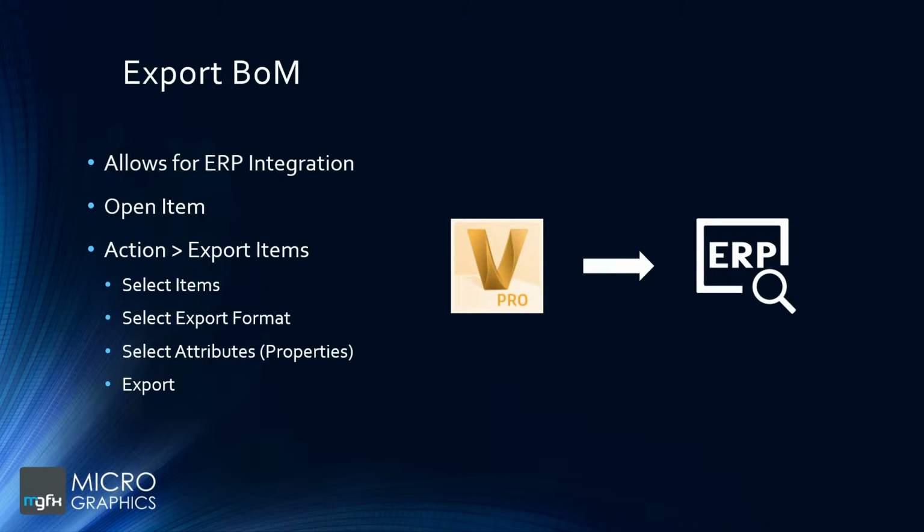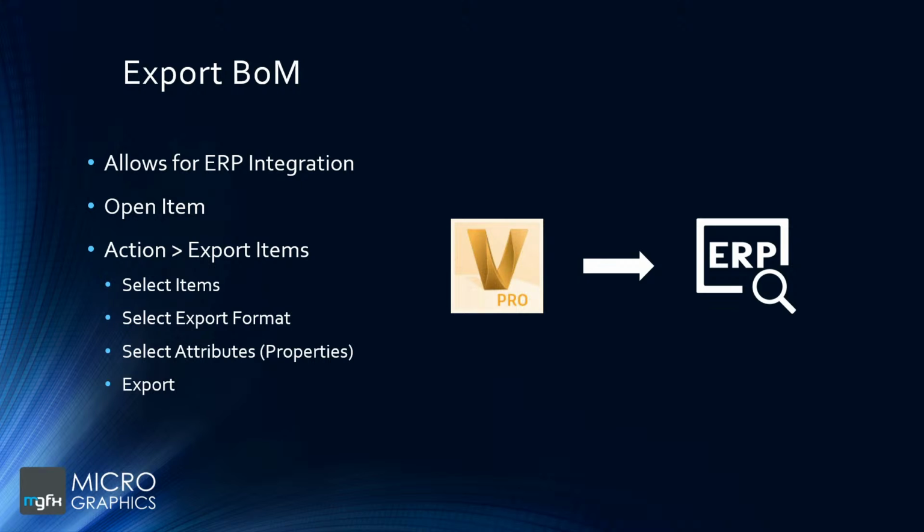Then, last slide before we go into a live demo in the software and go through this in the actual software, we can look at the bill of materials export. And so the bill of materials export from Item Master allows you to integrate with your ERP system.